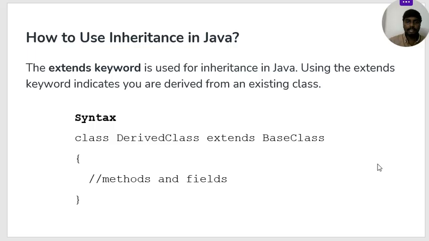Here the derived class extends the base class. Here the base class is the parent class. The derived class is the child class. The derived class inherits some methods, features, qualities, attributes from the base class. This is the syntax for this inheritance.